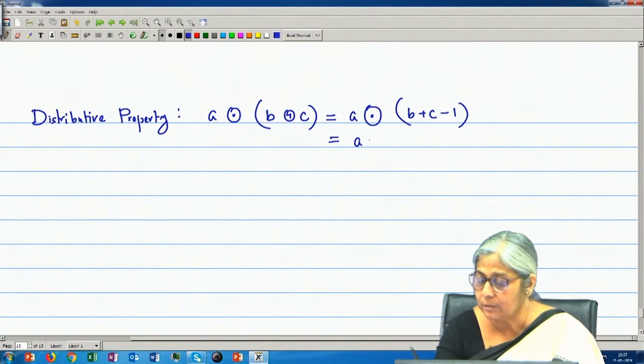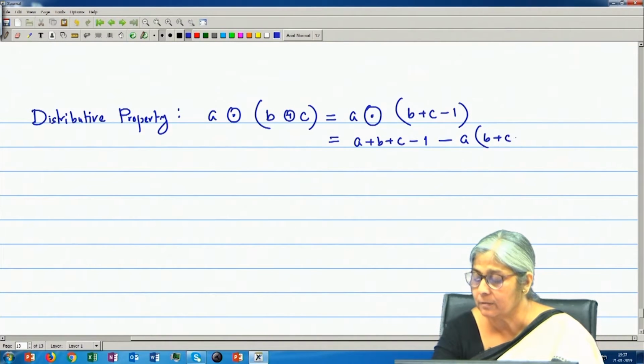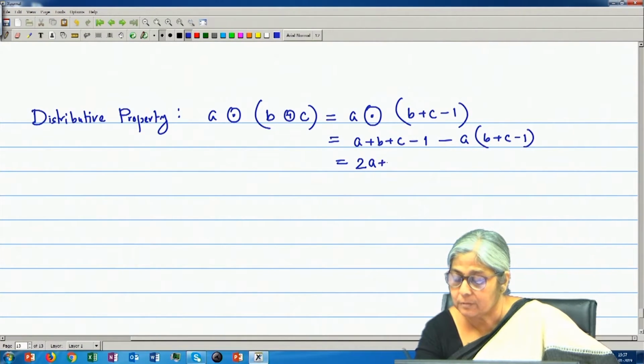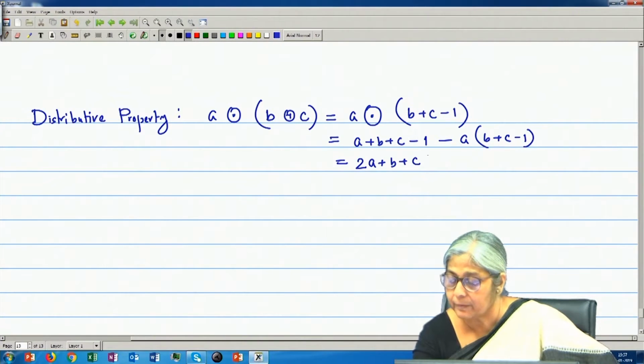This is equal to A plus B plus C minus 1, because A plus B minus AB plus C minus 1. So, this becomes 2A plus B plus C minus AB minus AC minus 1.